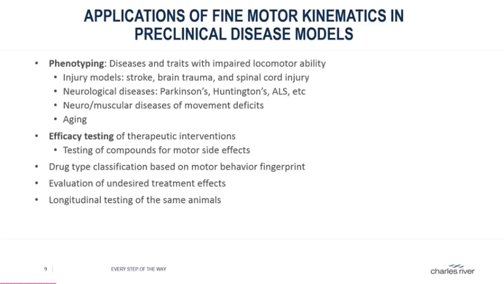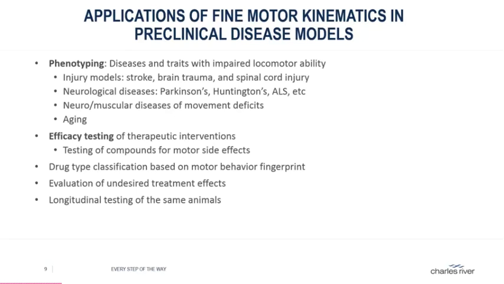Fine motor kinematic analysis can be used for several applications. We have experience from different rodent injury models, such as stroke and spinal cord injury, and also different genetically modified mouse disease models, such as Huntington's disease and ALS.